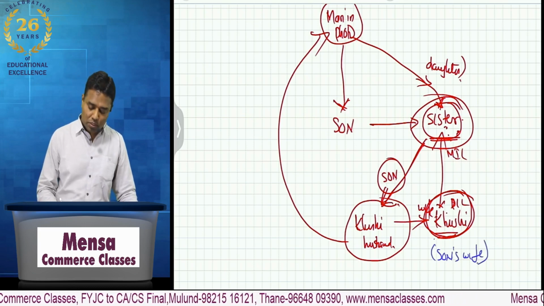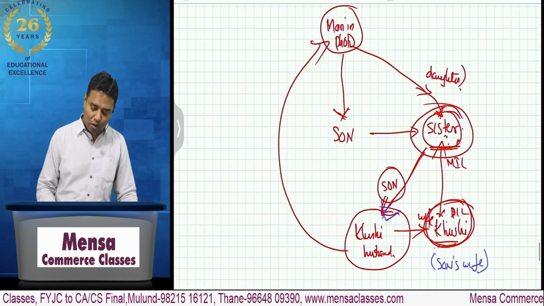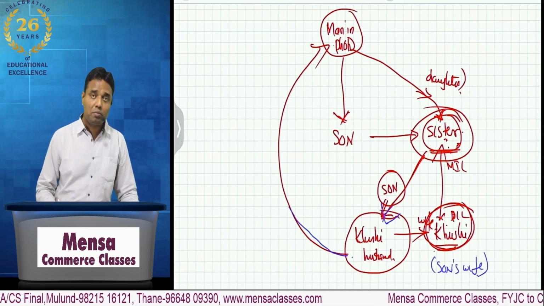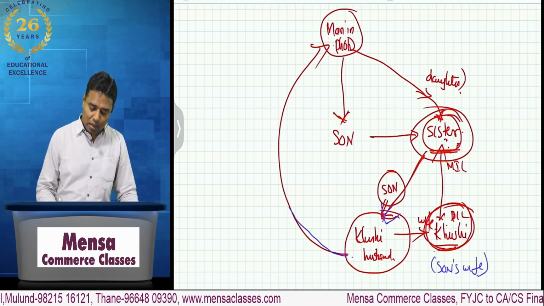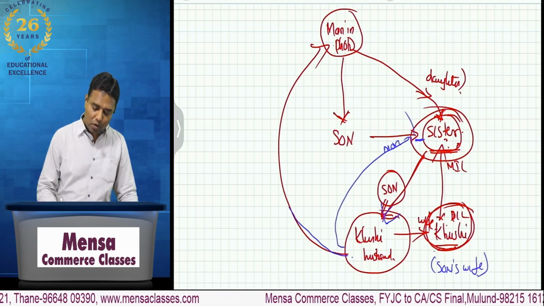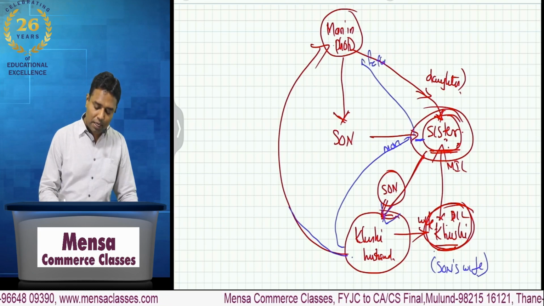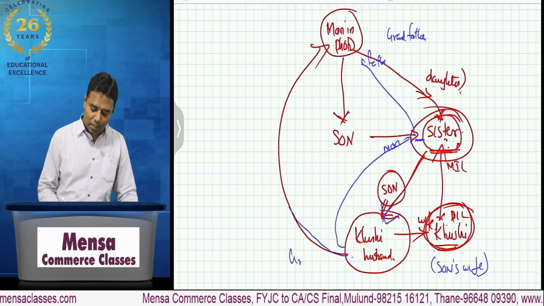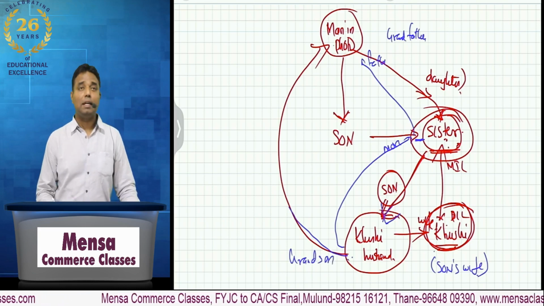Correct? So what is Khushi's husband's relation with the man in the photograph? Khushi's husband will say, my mother's father is my grandfather.